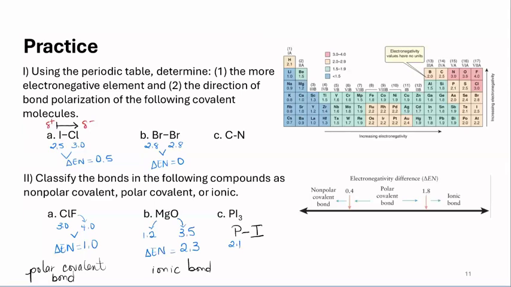Iodine has an electronegativity value of 2.5. The difference in electronegativity is actually 0.4. According to the rules, if you're exactly at 0.4, that's going to be considered a polar covalent bond.